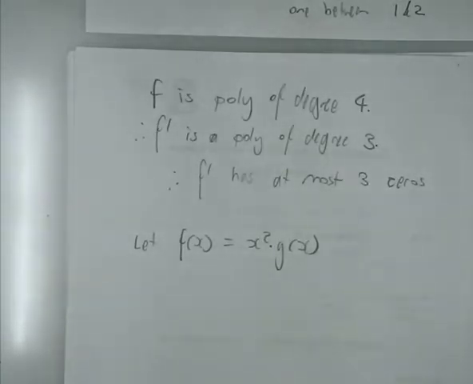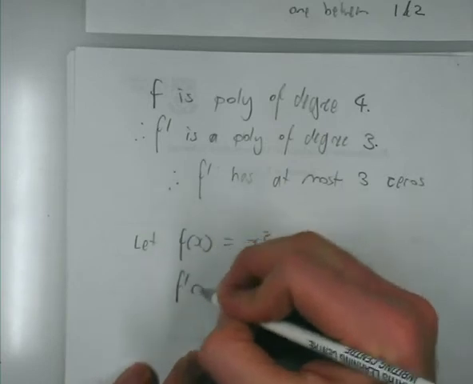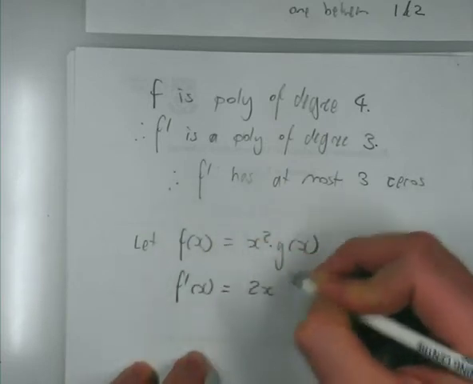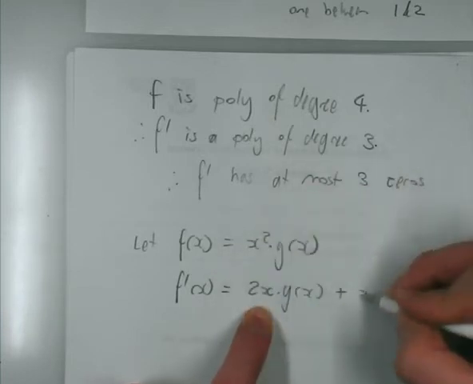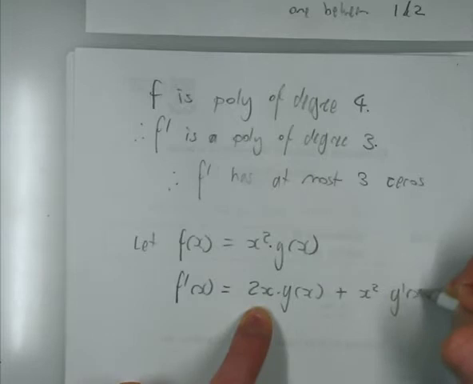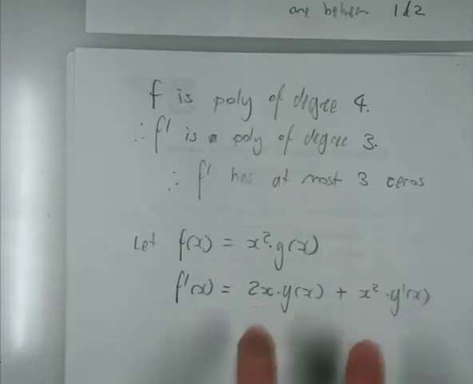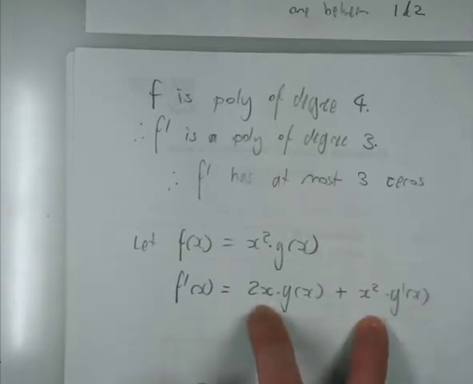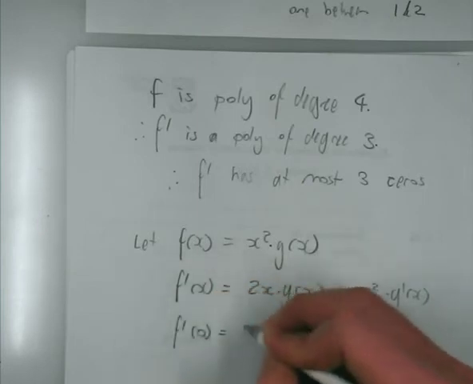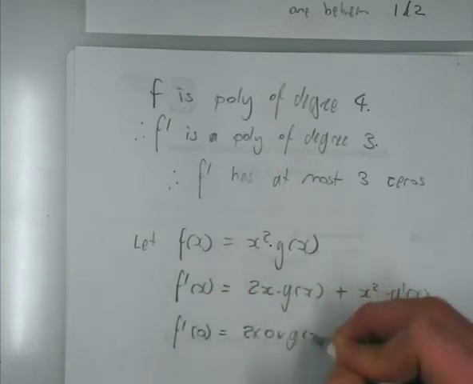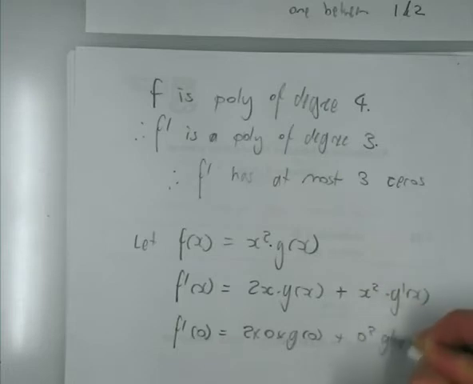I'll just call that g, because then if I use the product rule, I can differentiate this bit, I can keep this bit and differentiate the other bit, and look, they've both got an x in them. So that means that f dashed of 0 is 0.